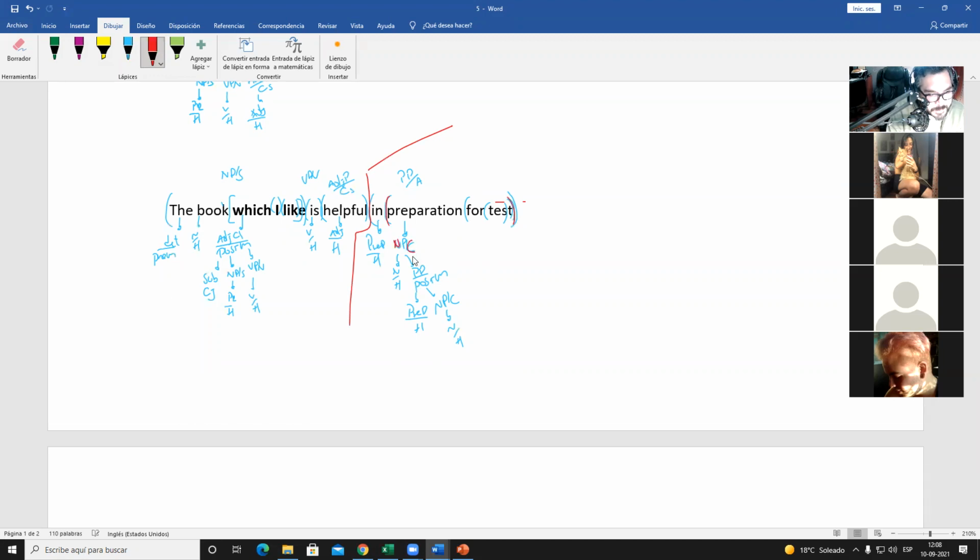No la puedo borrar. Adentro de esa noun phrase complement yo tengo preparation, que es mi noun head. Y al lado tengo for test, que es mi prepositional phrase post modifier. Adentro tengo la preposition head for y al lado test, que es mi noun phrase complement que está hecha del noun head test. Eso.